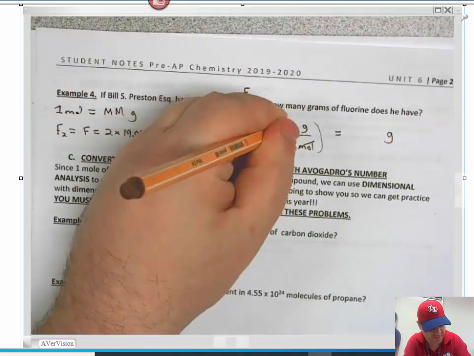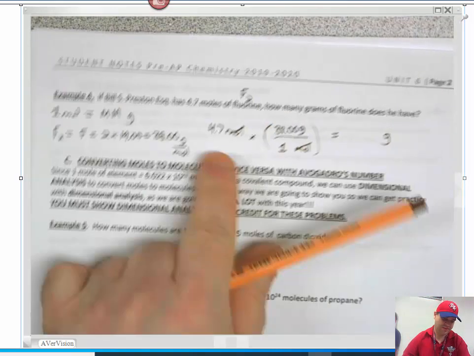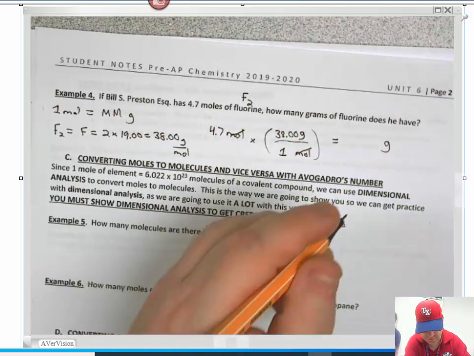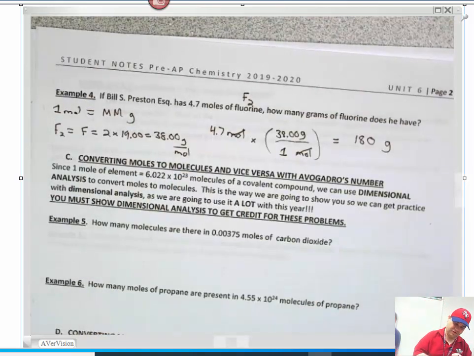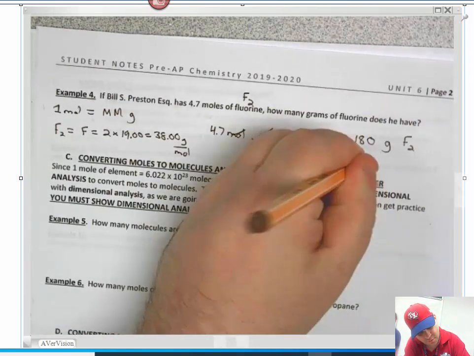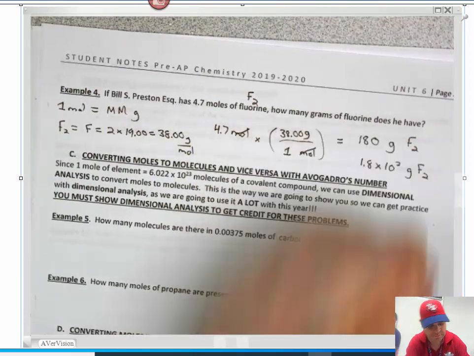The 38 goes on the top because that is the grams per 1 mole. This number has 2 significant figures, so my answer should have 2 significant figures, which is why the answer is going to be 180, no decimal point, because that has 2 significant figures, grams of F2, or you can write 1.8 times 10 to the 2nd grams of F2.